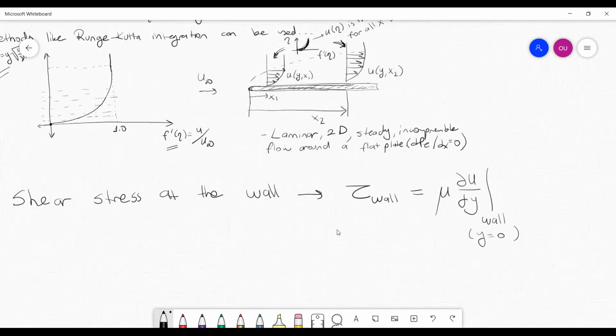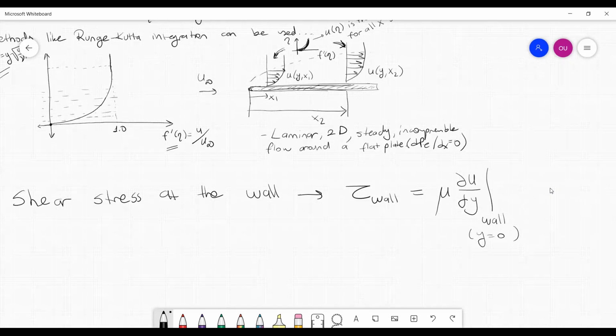And not only that, this physical quantity, du dy, we know will be changing along the flat plate. It is a function of x, but what will not be changing is the derivative of u with respect to eta, for example.